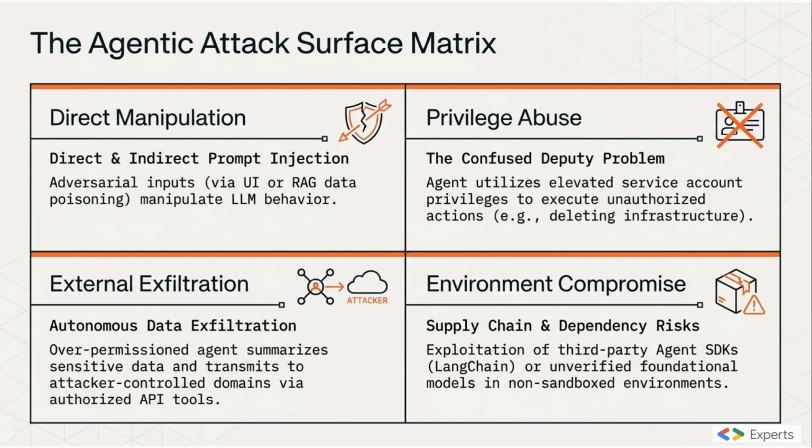An over-permissioned agent may accidentally expose confidential enterprise information through tool calls. Finally, there is supply chain risk, where insecure SDKs, external plugins, or compromised models act as attack vectors. These threats don't exist independently. They often combine together, making layered security absolutely essential.